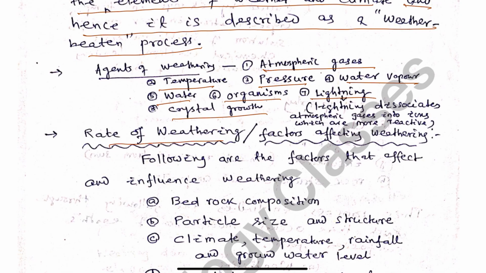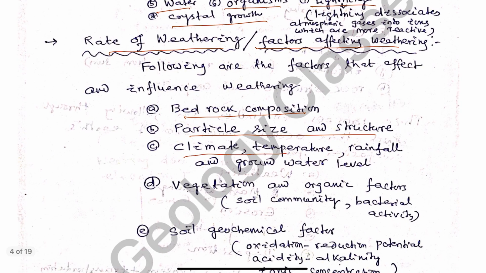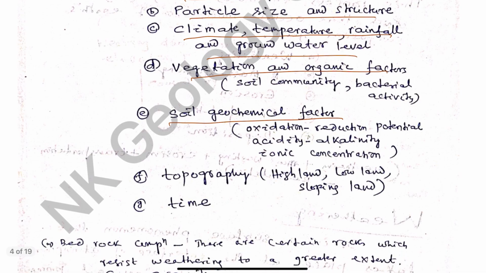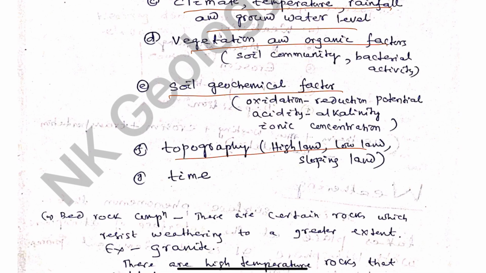And the factors that promote weathering are the bedrock composition, particle size and structure, climate, temperature, rainfall and groundwater level, vegetation and organic factors, soil geochemical factors, topography and time. So these are the factors that control the weathering process.